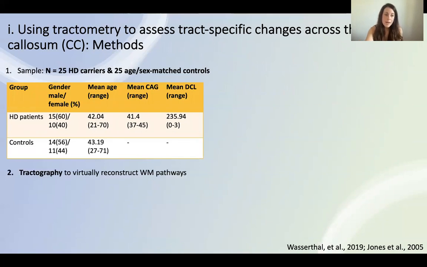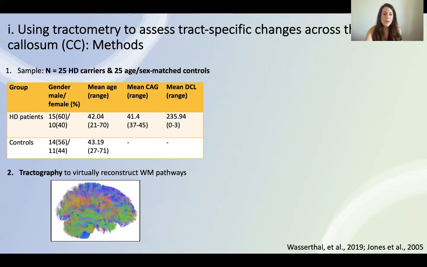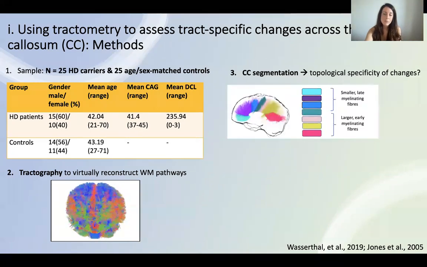We used the diffusion data to perform tractography and thus to virtually reconstruct white matter pathways in the brain, and then to further isolate the corpus callosum and segment it into 7 different portions. The callosum presents smaller, late myelinating fibers at the front, while larger, earlier myelinating fibers are present at the back.